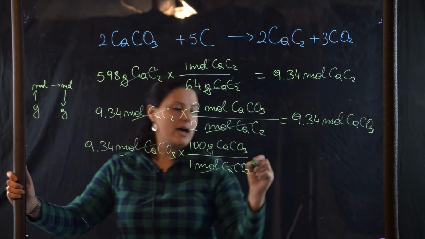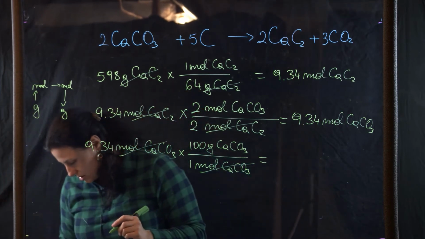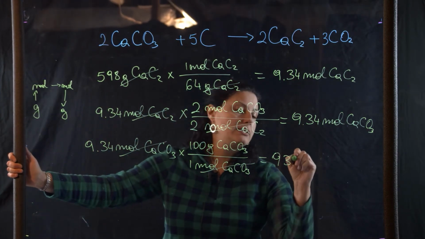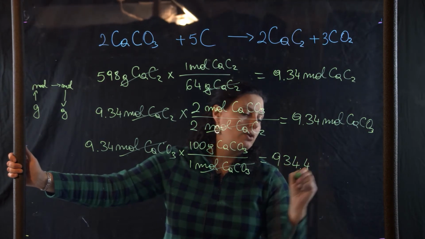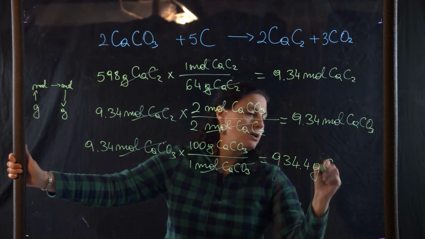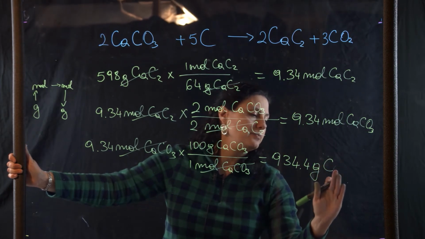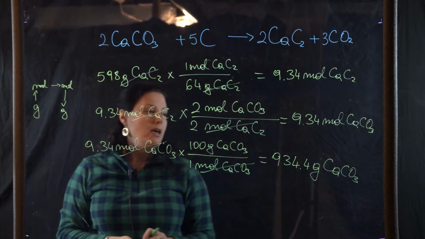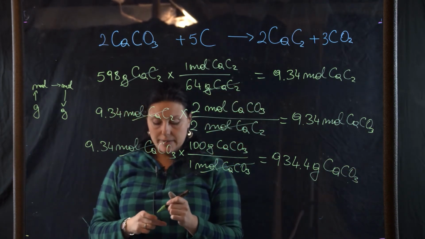Moles will cancel out, giving me 934, pretty easy, I don't know why I even looked at my notes, 934.4 grams of calcium carbonate. And that is how you work these types of problems.